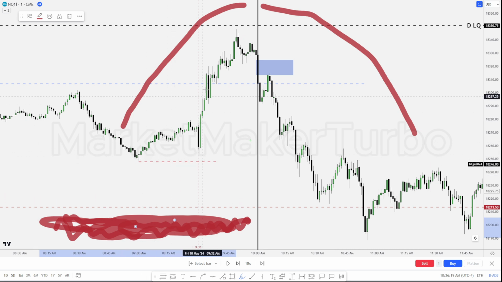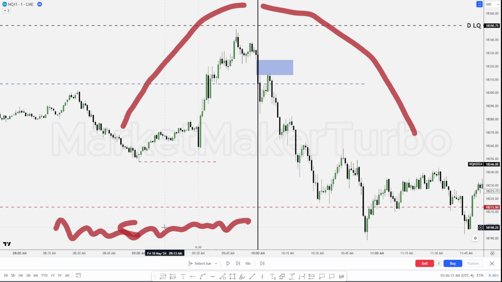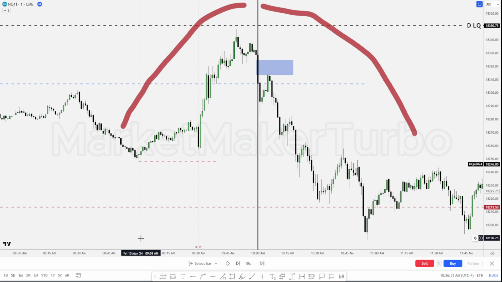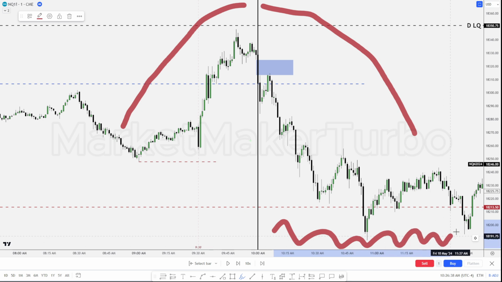Because we're going up just to go lower. You have to understand we're going up to take liquidity just to go lower for the real draw. So trading on the left side takes a little bit more skill. Not saying people don't have skill, because we're doing it in our Discord, but on the right side of the curve, when you're trading this, you already have time behind you, which is 9:30.